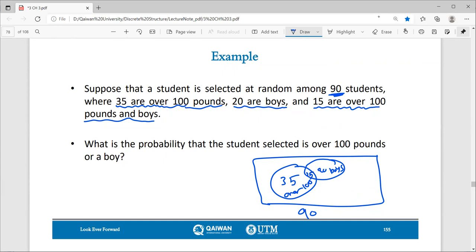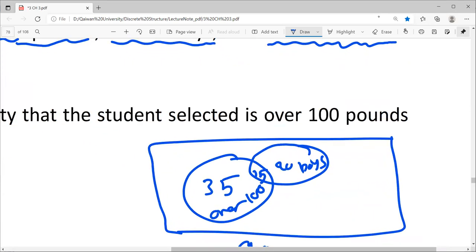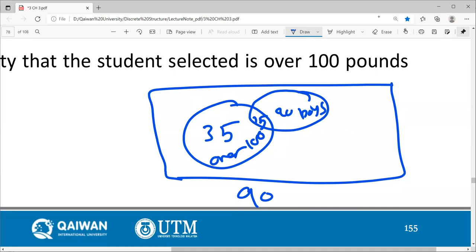So here we have 15. Among all 90 students, we have only 20 boys, and among these 20 boys, 15 of them are over 100 pounds. So we have only 5 left.